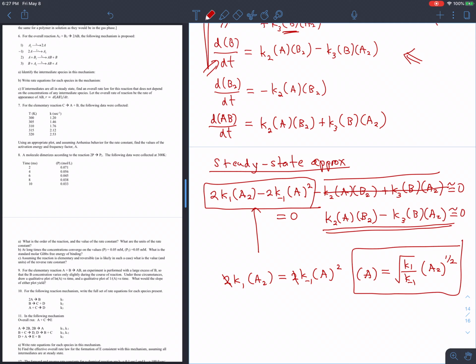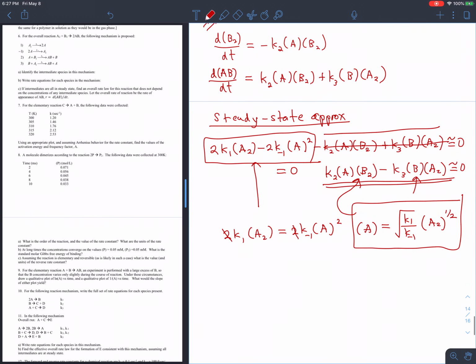And that's a useful thing. Now we're going to plug that back into here in order to solve for this B concentration. So doing that, we have K2 times that A now gets replaced by that square root of K1 over K minus 1 times A2 to the 1/2 power times B2 minus K3 times B times A2 is approximately equal to 0.